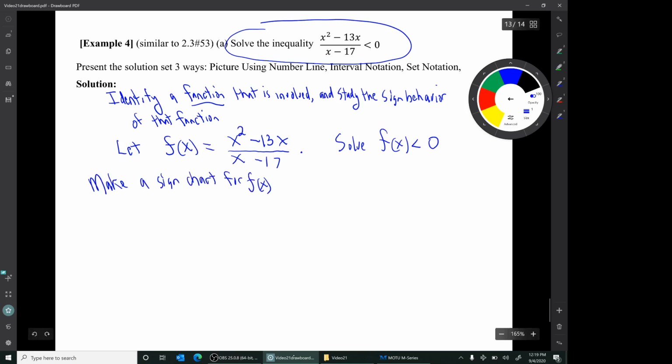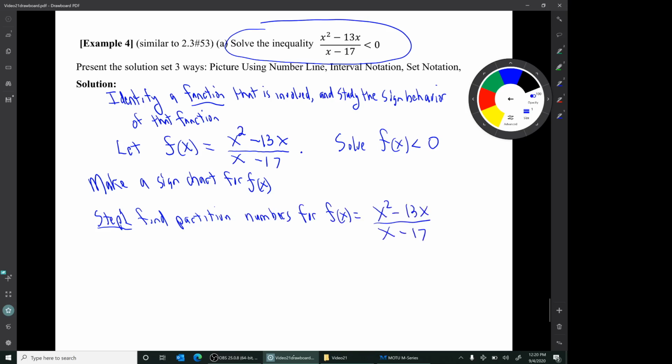So step 1 is to identify the partition numbers. Well, we know that to find the partition numbers, it helps to factor the function. So we can identify the partition numbers clearly in this factored form of the rational function. We see that there are 2 x values that will cause the numerator to be 0.